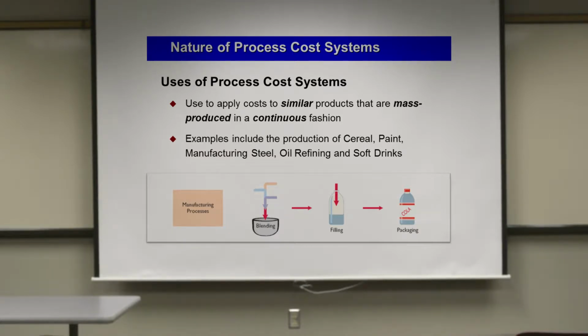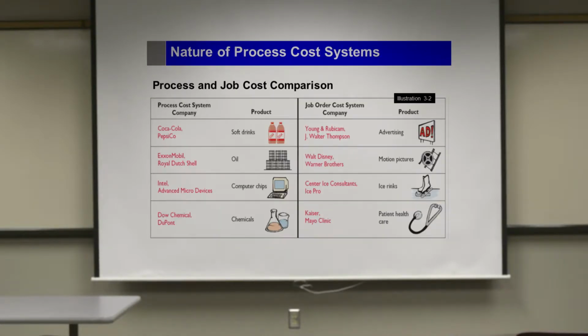Here are some examples where you can use process order costing and where job order costing can be used. As you know, job order costing is useful when it is a customized product. Say if you're making motion pictures, Walt Disney or Warner Brothers, whenever they make a movie, the cost of that movie needs to be accumulated.